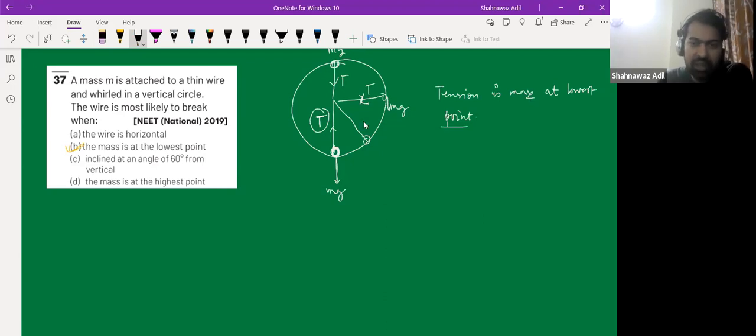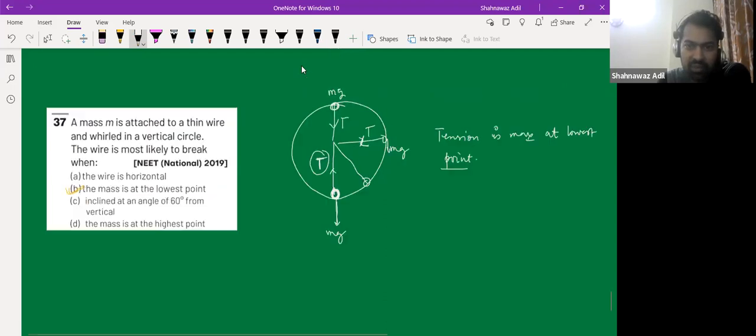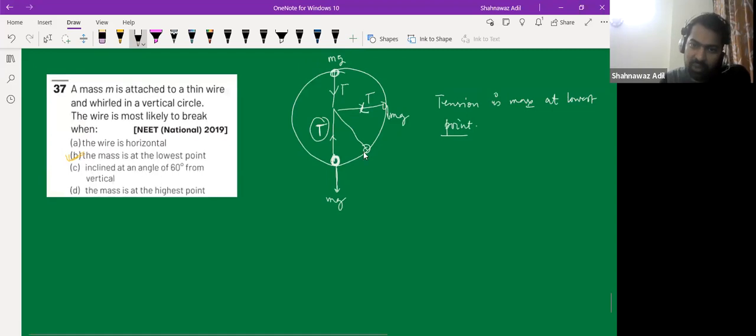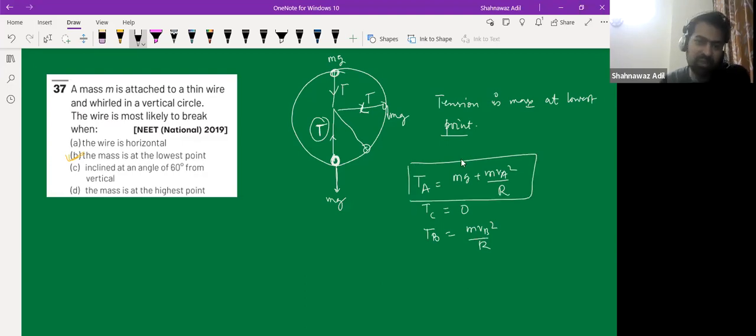We can also understand this in a different manner. We know that TA is mg plus mv square by r, TC is 0, and TB is simply mv square by r. So this one is larger, that is why this is right.